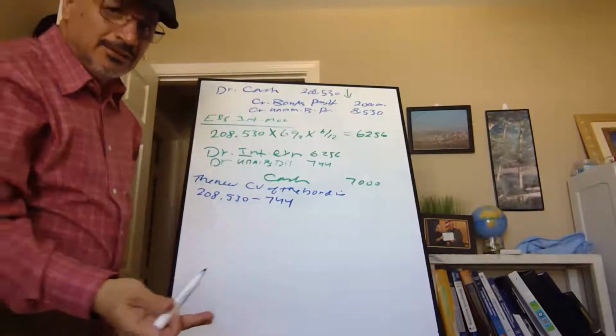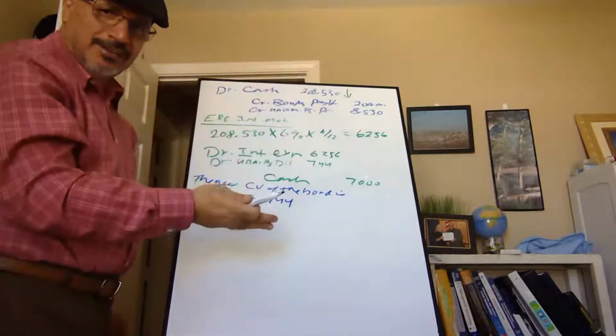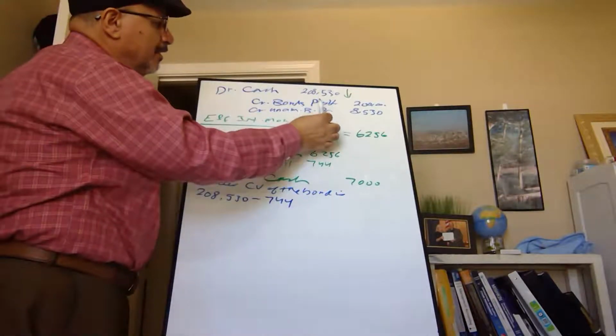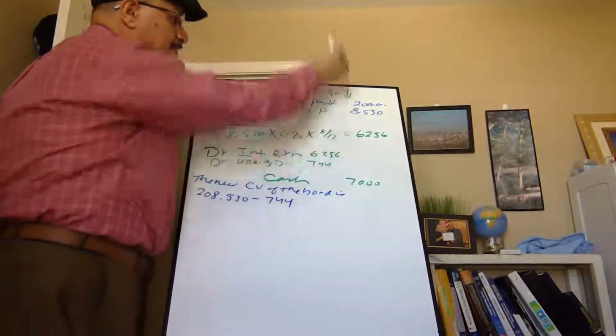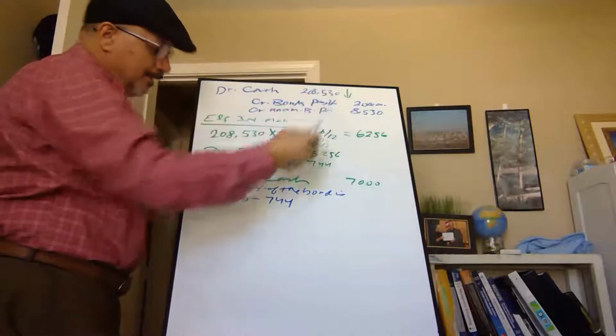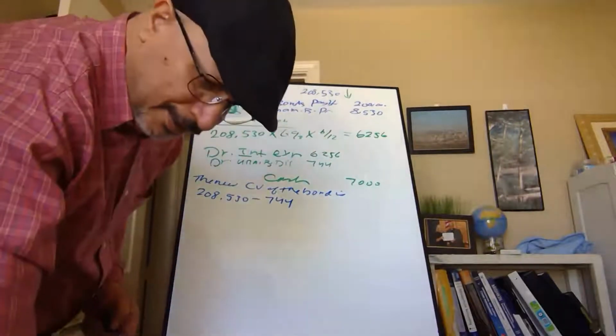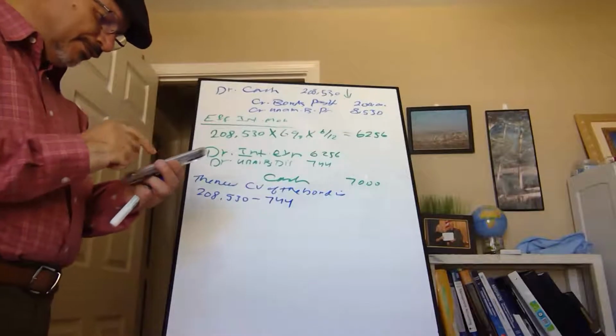For the discount, the issue price is going up. When we amortize the bond discount, the carrying value of the bond is going up. But for the premium, the issue price, or the carrying value, is going to be smaller.